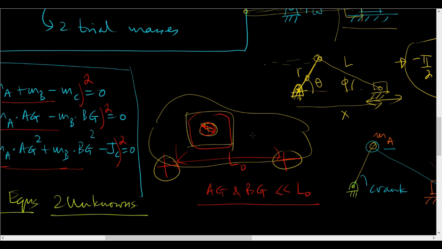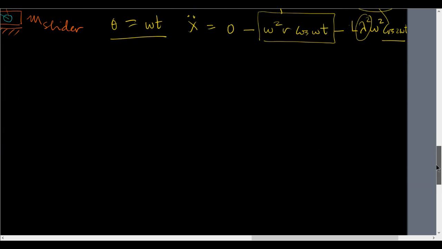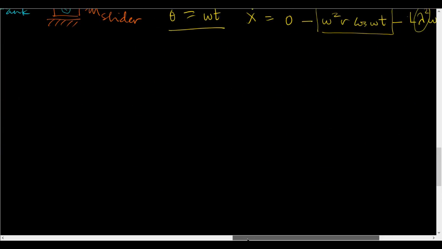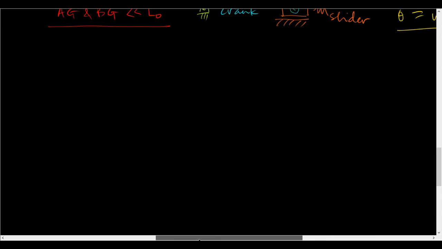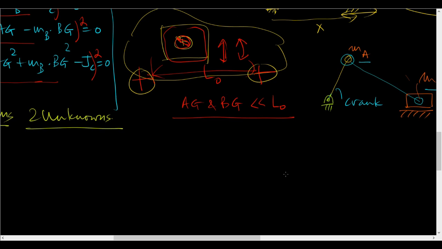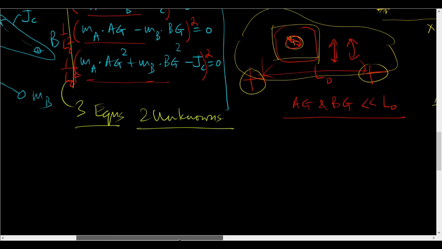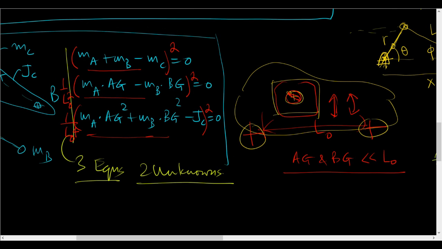If we are interested in the response of the car, maybe rotary vibration, vibrations of the frame, things like that, then we should normalize with respect to this L0. But when we do, what happens is that this one gets extremely small weight. So we might as well throw it away.